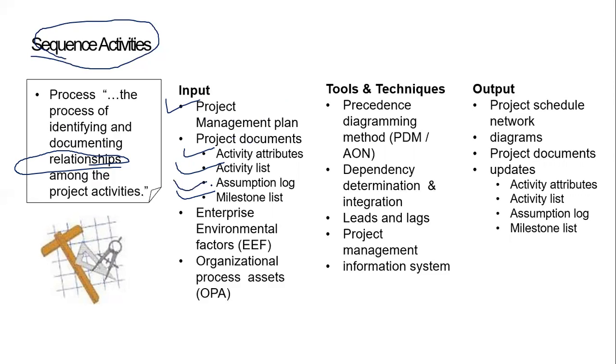There will be the assumption log. The assumption log can be an input because it is created at the time of the project charter. Whenever you are sequencing, because you are still in the planning phase and the project is not yet started, there will be some assumptions you are making. For example, the network team will be available to resolve my server network related issues. That's an assumption.